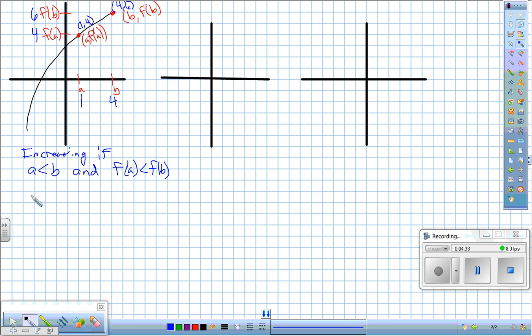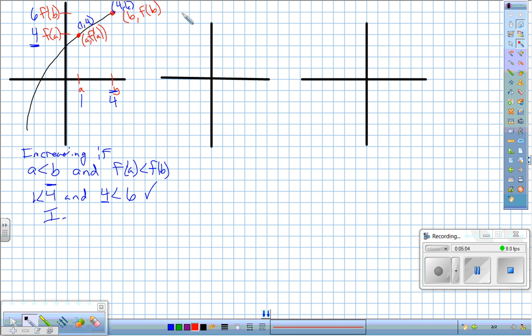So a is less than b, so is 1 less than 4, and 4 less than 6. So sorry that I used 4 in both places. This is this 4 right here, and this guy is right here. Okay, 1 is less than 4 and 4 is less than 6. Good. That means that it's increasing. I'm just going to write a big I. Okay, so if they asked you to do it algebraically, this is what it would look like.